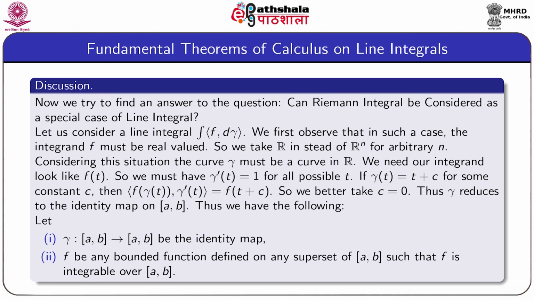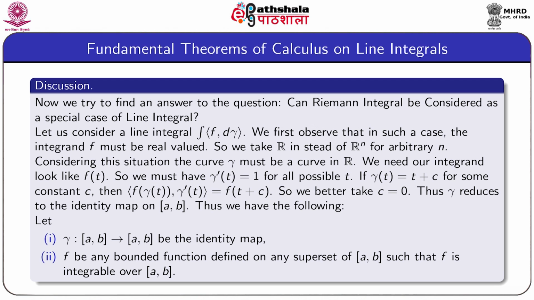Now, we try to find an answer to the question, can Riemann integral be treated as a special case of line integral? That is, can we find some conditions under which from a line integral we can find a Riemann integral? So, we start considering a line integral of f d gamma. We first observe that in such a case, the integrand f must be real valued.